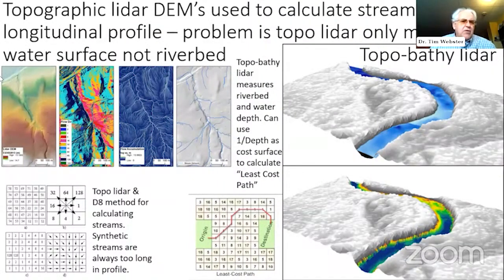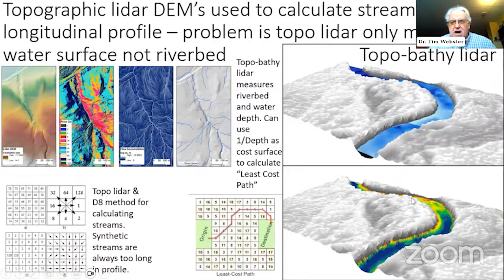So again, traditionally we've used Topo LiDAR on the left-hand side here and the D8 algorithm or the D infinity algorithm to come up with the stream network. What we're finding with the Topo-Bathy LiDAR, and here's an example of the water surface and the terrain, and then the bathymetry underneath, we subtract and we actually get our depth.